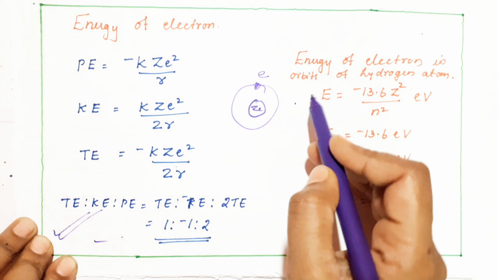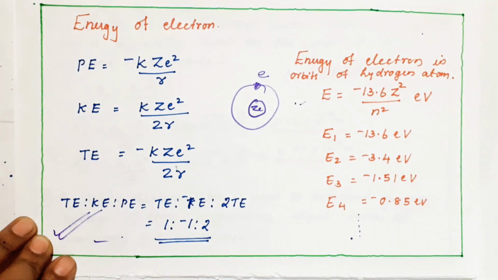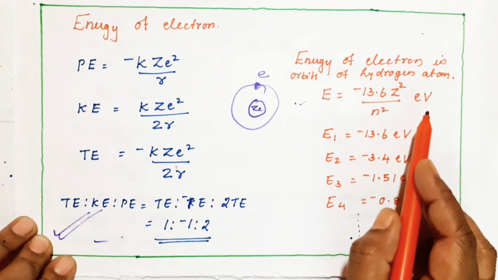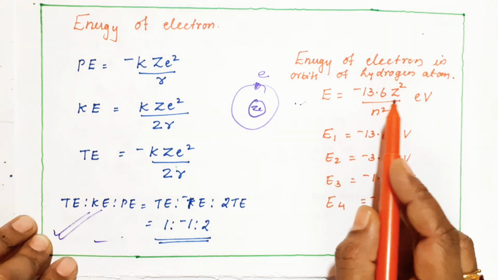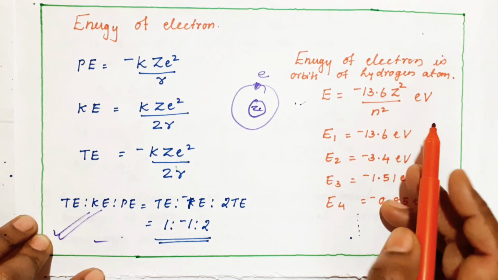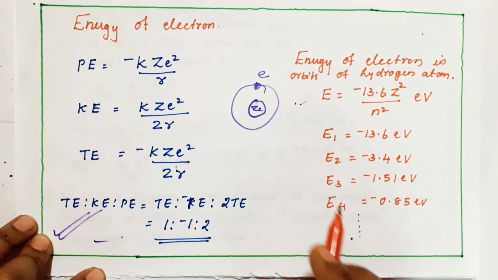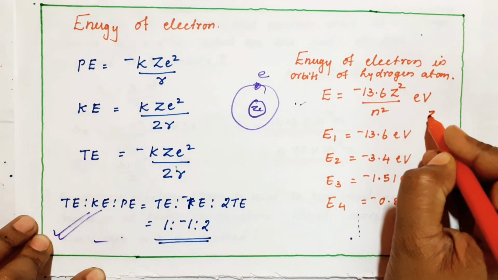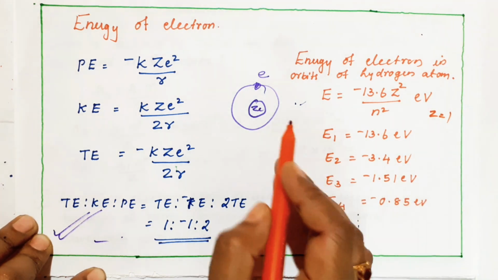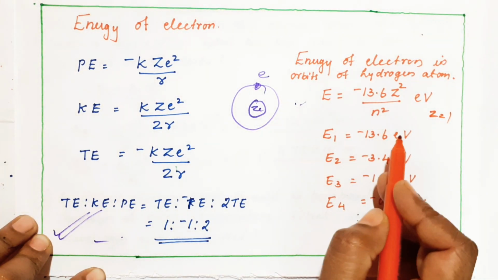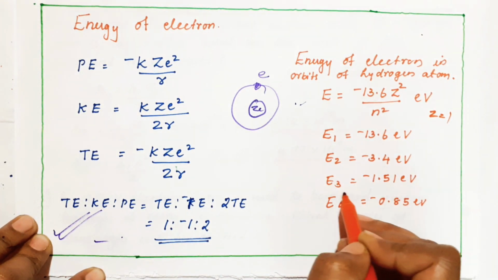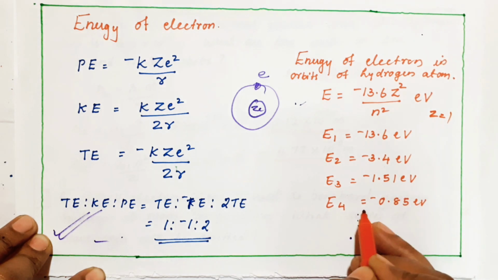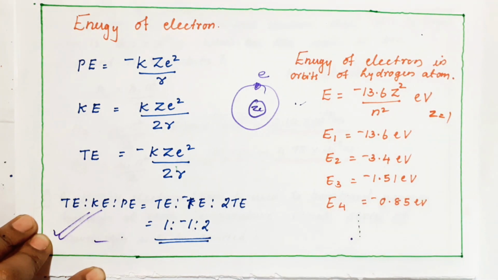Now, we can find the energy of any orbit by another main shortcut formula, that is minus 13.6 Z square by n square eV. Take the case of hydrogen atom, Z is equal to 1. So you can write the energy levels: E1 is minus 13.6, E2 is minus 3.4, E3 is minus 1.51, E4 is minus 0.85, and like that it goes on.